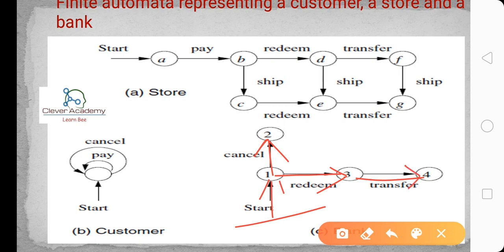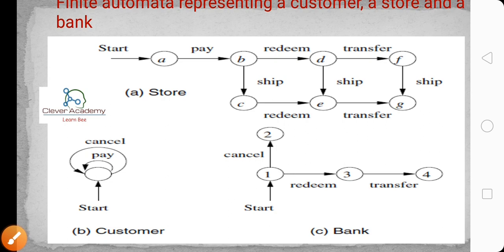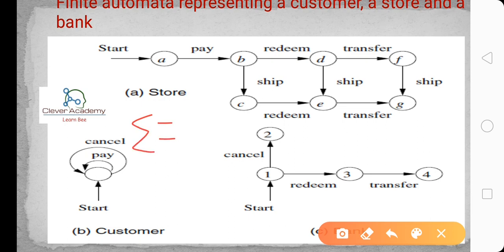So the basic operations you need to identify. Here, whenever you are representing, you can take sigma equals to the input values.